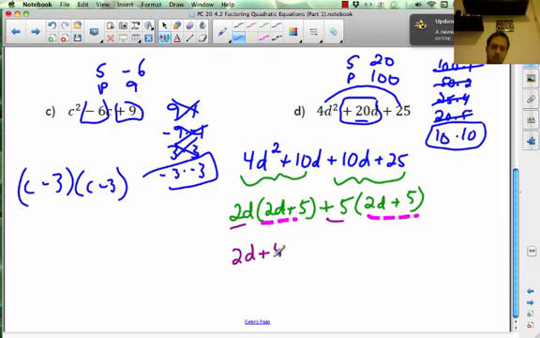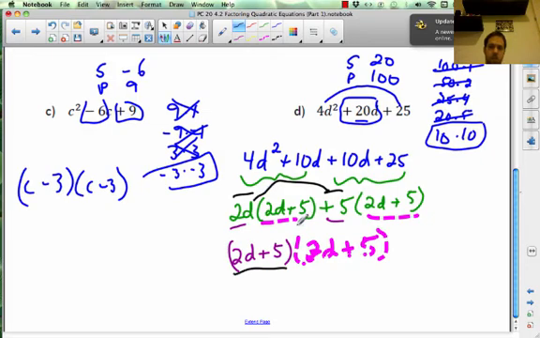So we go 2d plus 5, multiplied by 2d plus 5. That was a terrible idea, just because I underlined them in pink there, to show you that we grouped these two together to make this term, and we grouped these two together to make that term.